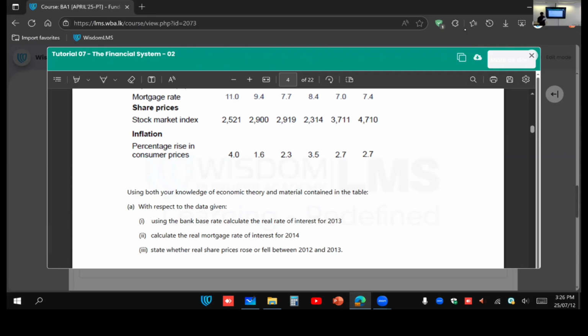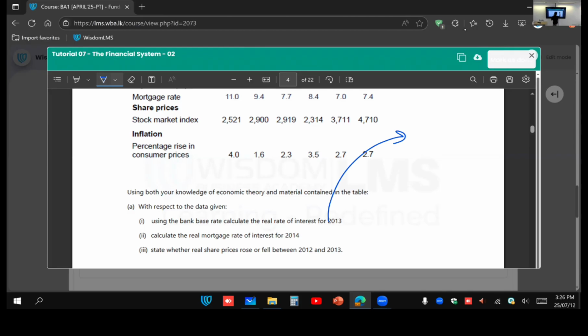Firstly, they are asking, using the bank base rate, calculate the real rate of interest for 2013. Part 1.